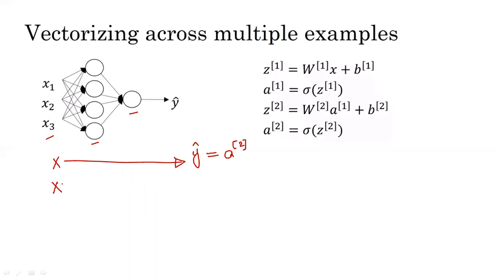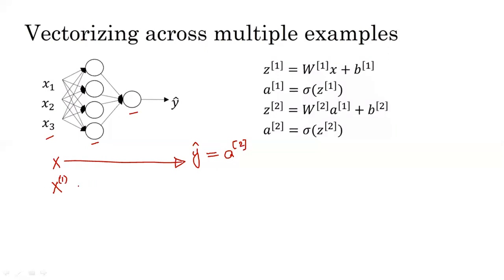I'll take the first training example as x of 1. Take into consideration that I am using round brackets here, not square brackets, because these representations are very important so that we can avoid confusion in further video lectures also.